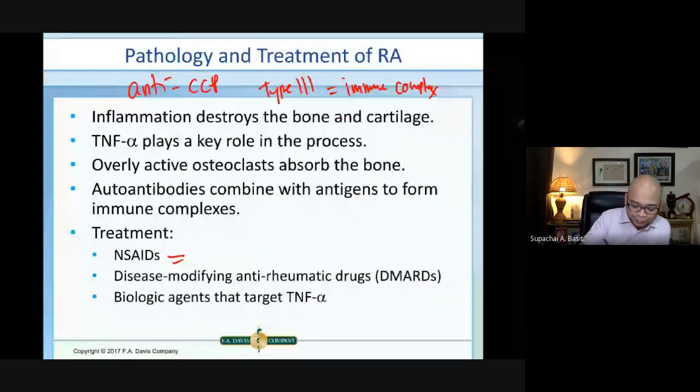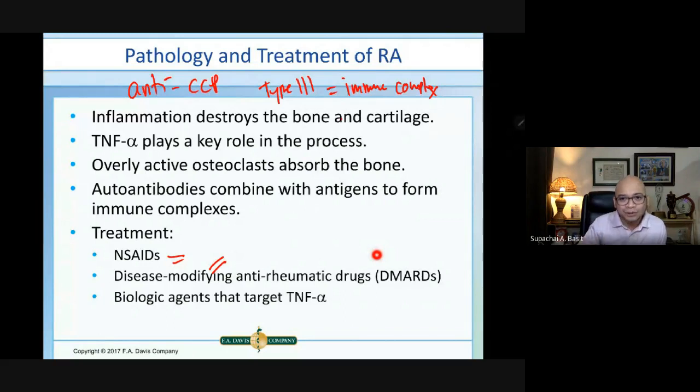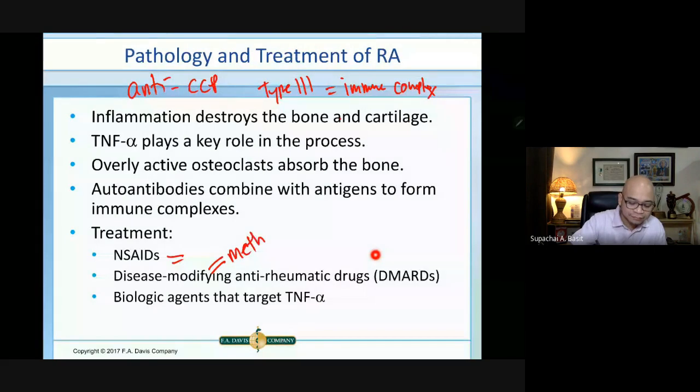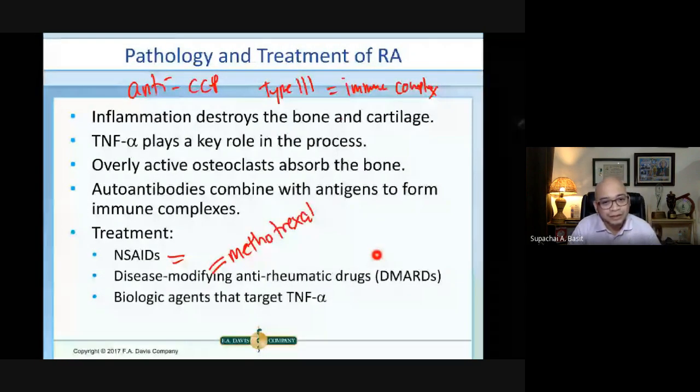So ano ba yung example ng DMARDs? So disease-modifying anti-rheumatic drugs. This includes methotrexate. Methotrexate will reduce inflammation and it will prevent disease progression.